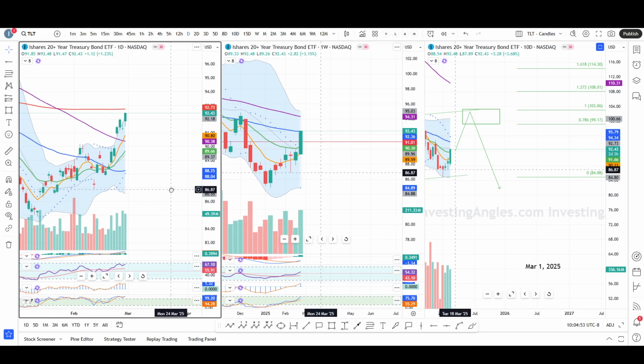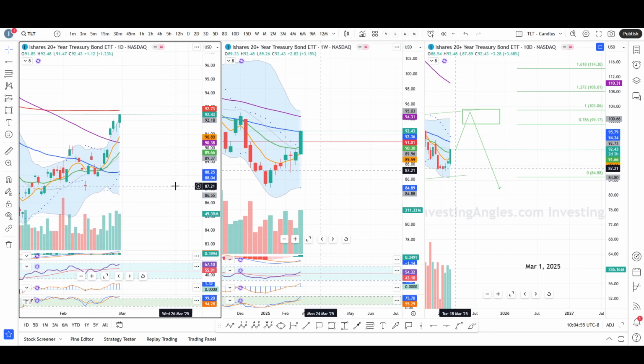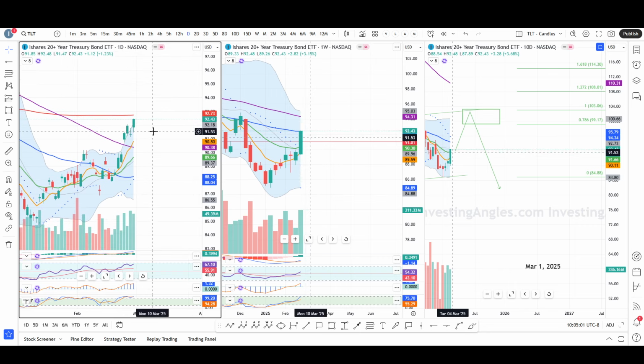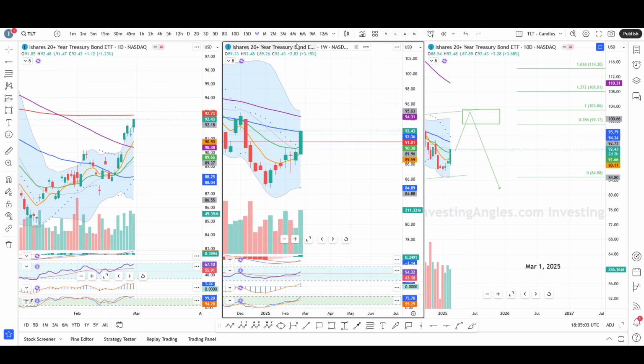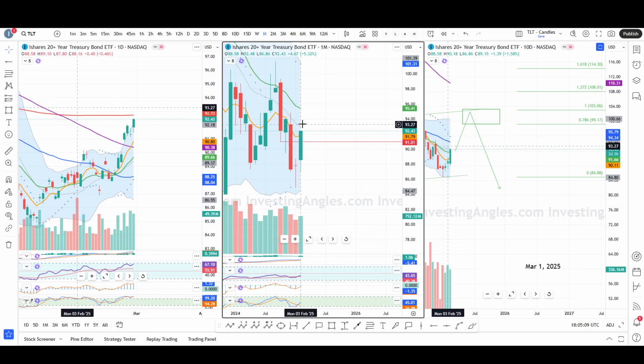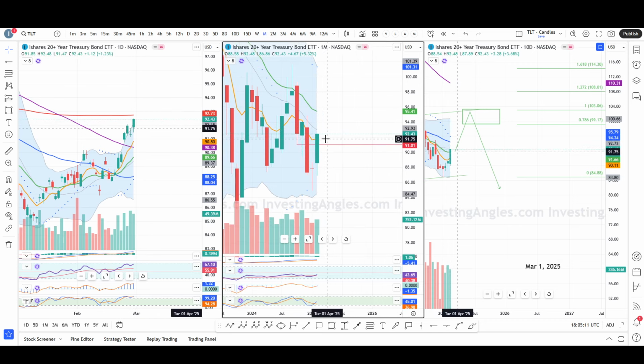Let's see what TLT candles are telling us. First of all, the daily looks healthy, and the chances for moving higher are fairly significant. If we look at the monthly closure, it's been a bullish candle closed above the major resistance, now support level, the 8 months EMA.